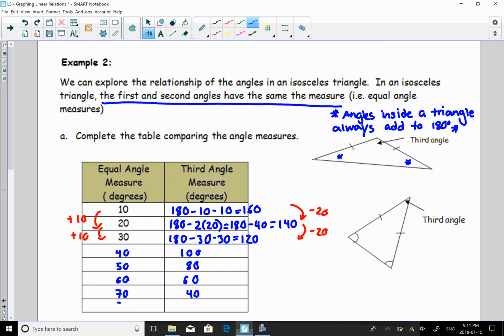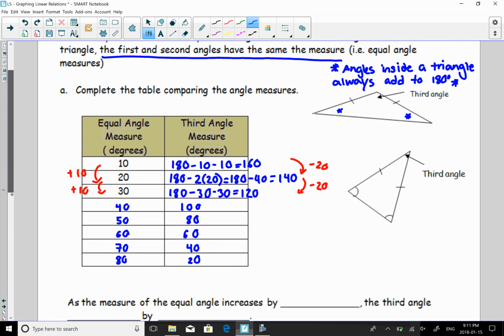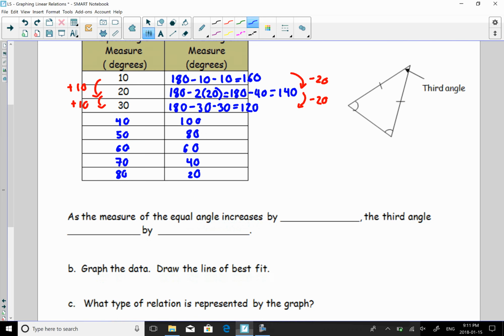And if it's 80, go down by 20 again, so it's 20. So again, as the measure of the equal angle increases by 10, the third angle decreases by 20 degrees.